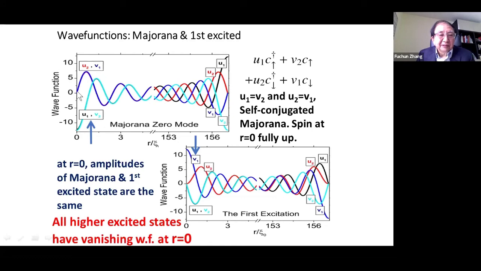The blue one is u2 v1, the spin down component. At zero energy at the center of the vortex core, this is vanishing, and the only component is the spin up part, if I assume the magnetic field is up. So this Majorana is spin dependent in R, but at R equals 0, it's completely spin polarized this way.